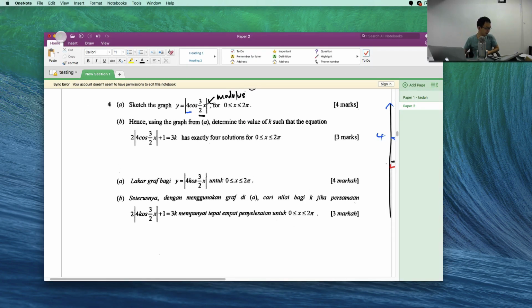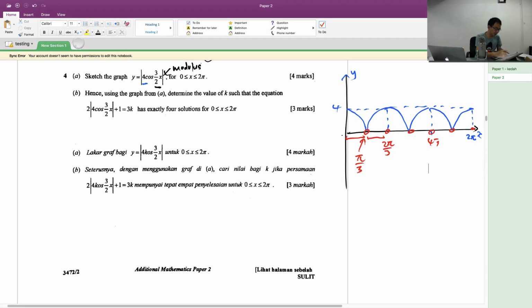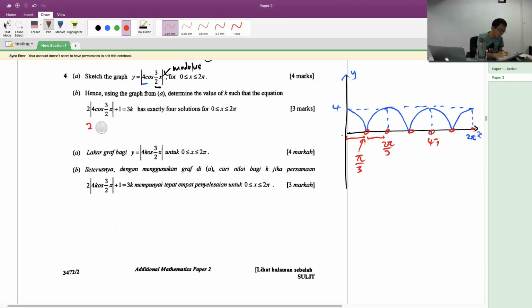So this one basically is 2y plus 1 equals 3k. Alright, so this is 2y equals 3k minus 1. So y equals 3 over 2 k minus 1 over 2.